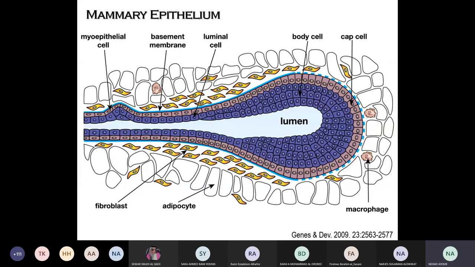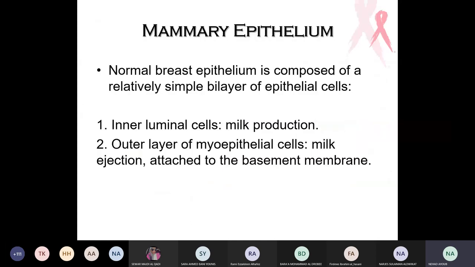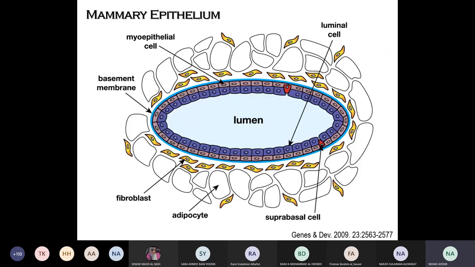So we have two different types of cells. By definition, breast tumors are epithelial tumors. This means the abnormality starts in the epithelium. A normal luminal epithelium or a normal myoepithelium transforms and then becomes cancerous. Most solid tumors, or let me say at least 80% to 90% of them, are epithelial tumors.